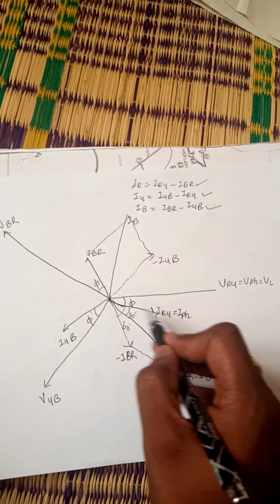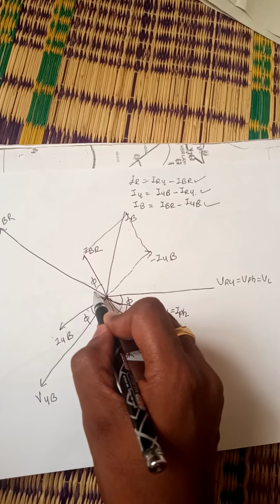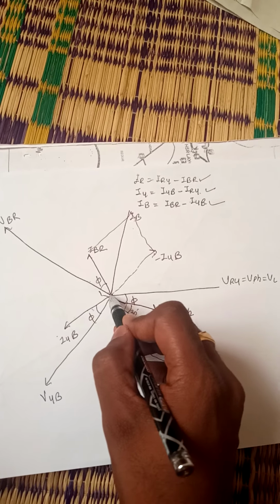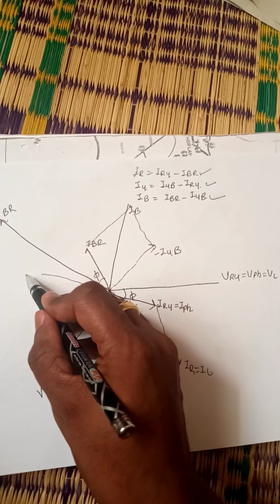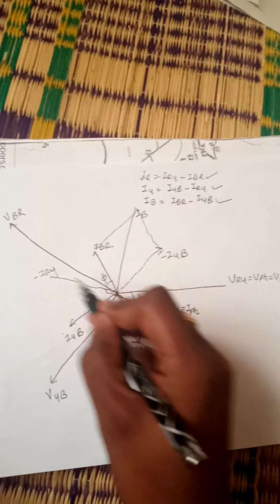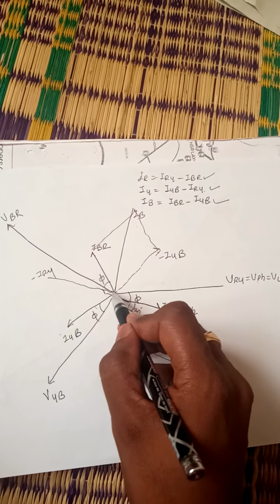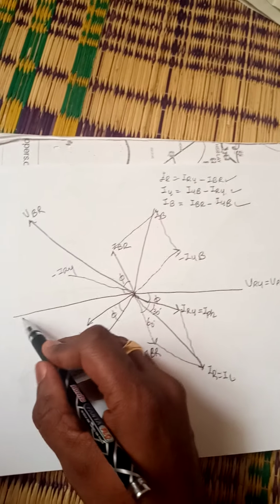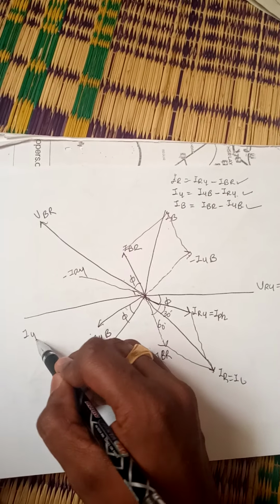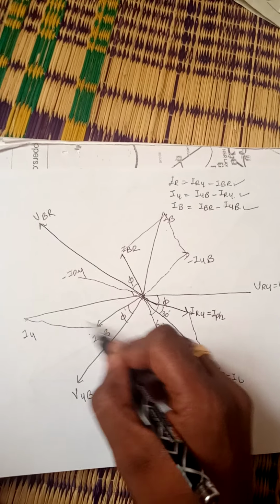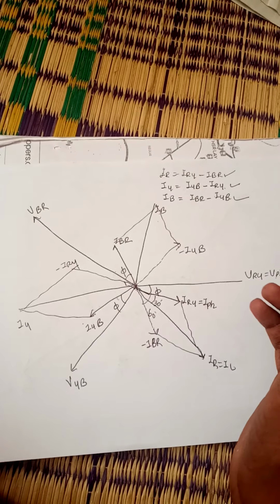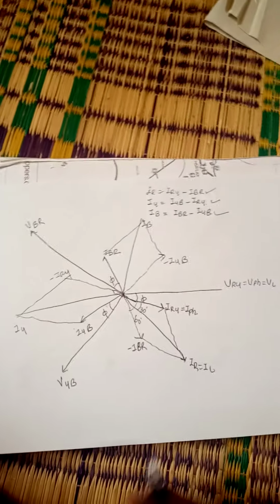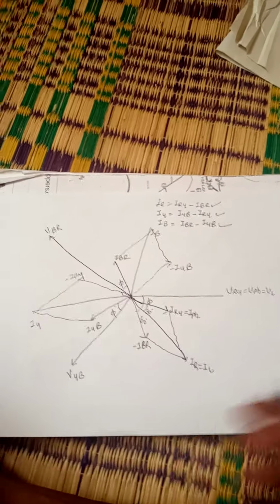You have plus IRY here, so you extend this one. This will give minus IRY. Minus IRY plus IYB, the resultant vector will be like this. This will be your IY. Then you join these two.